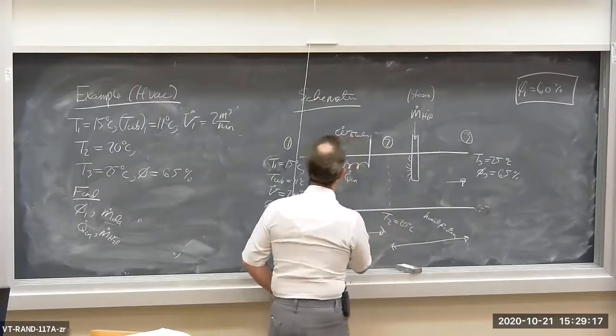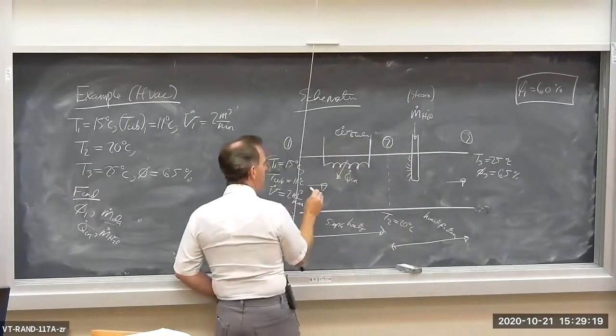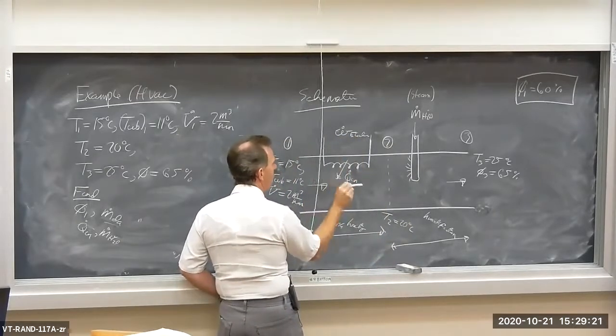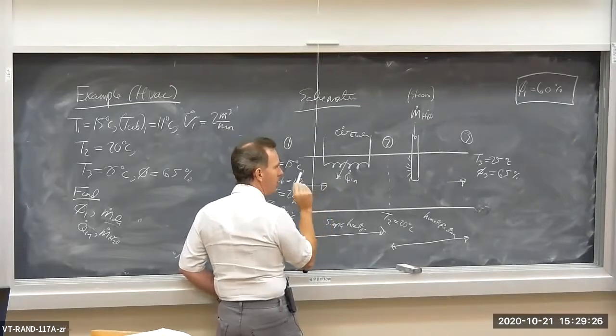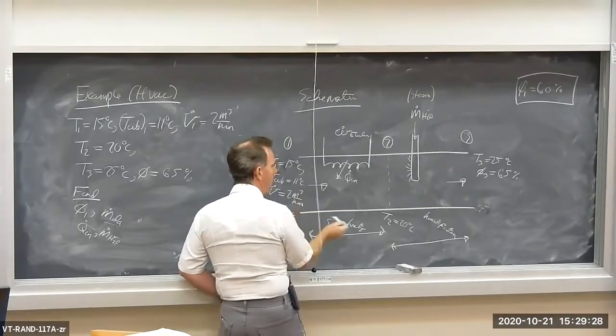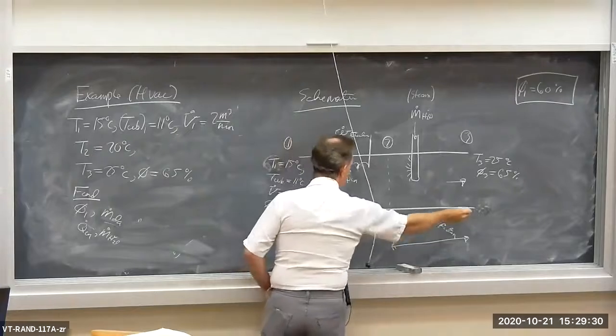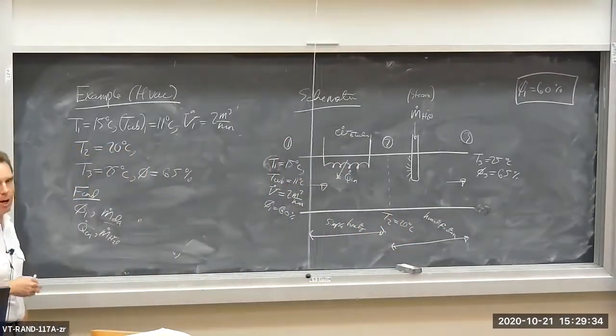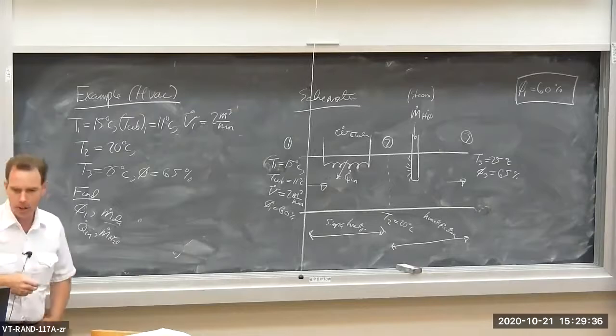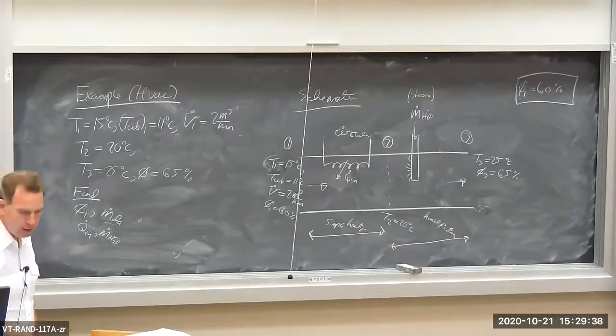The only places where dry air is flowing in or out are the inlet at location 1 and the outlet at location 3. So when you do the mass balance on the dry air component, you'll find that m dot 1 is equal to m dot 2 is equal to m dot 3, all equal to the same m dot. So the dry air flow rate at the inlet, location 1, is going to end up being the dry air flow rate everywhere. But we'll see that in a minute.